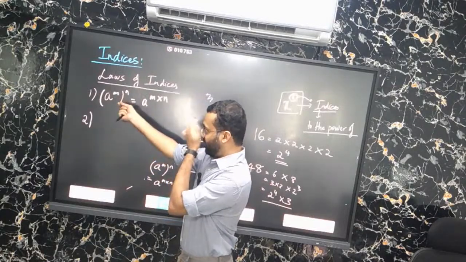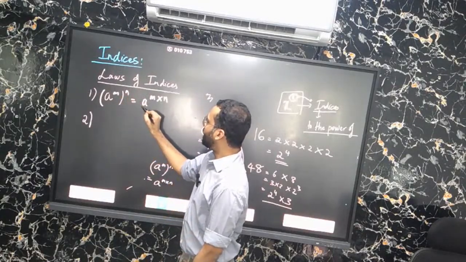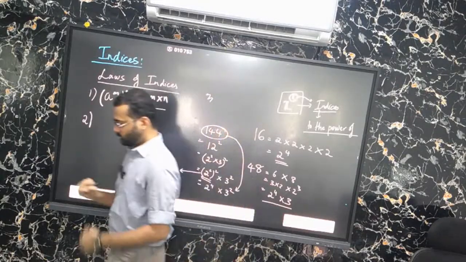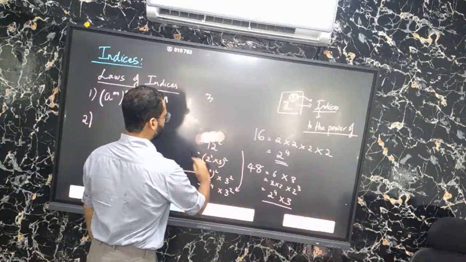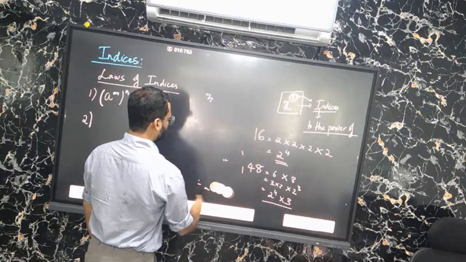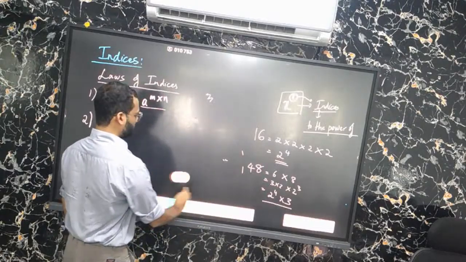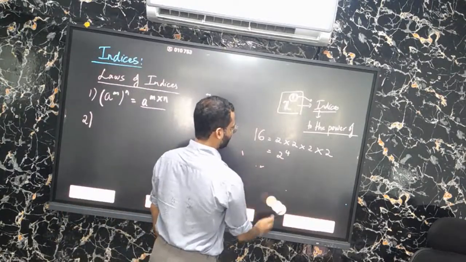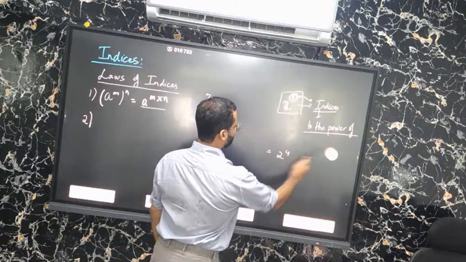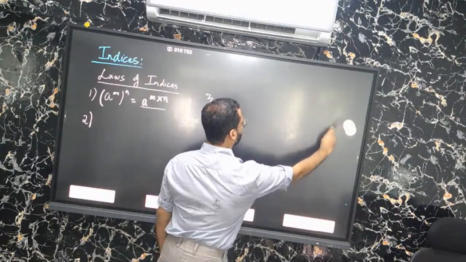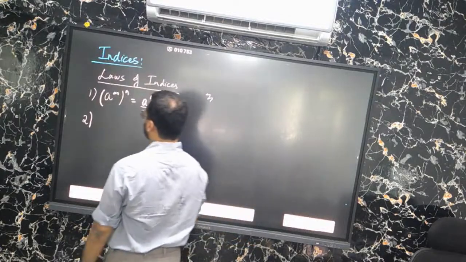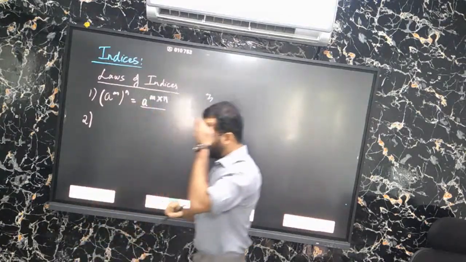If I have a power m to the power n, it is nothing but a power m into n. Okay, now tell me the difference.